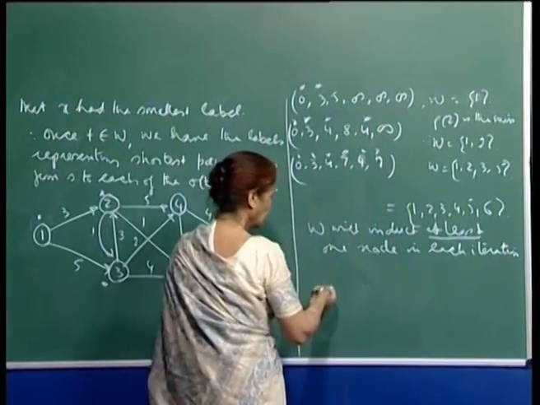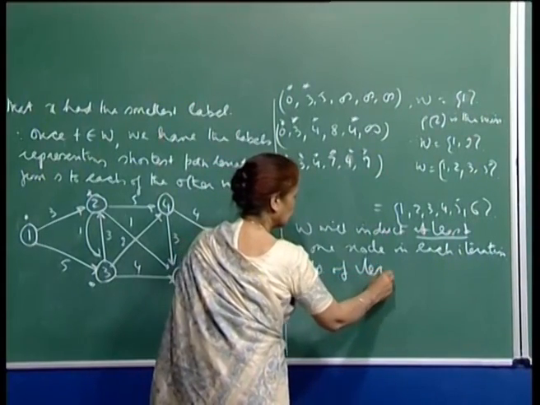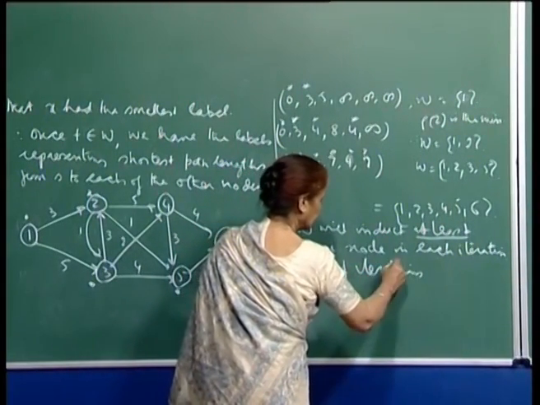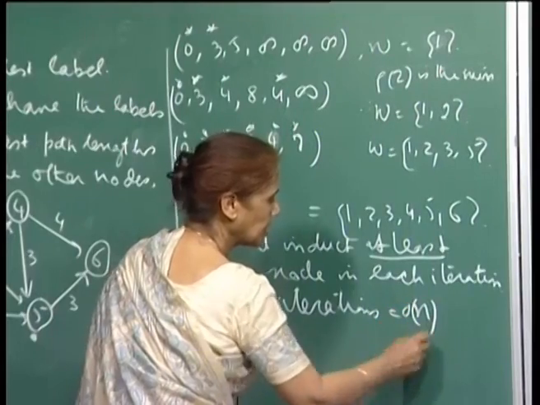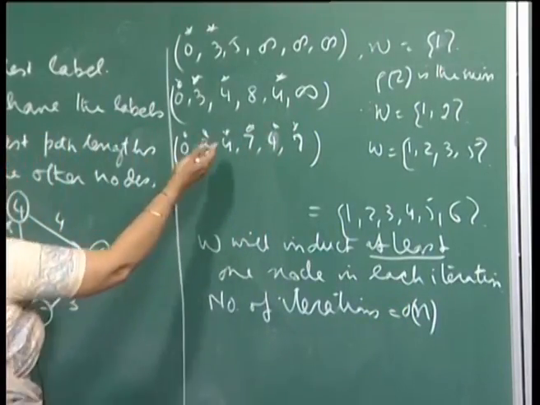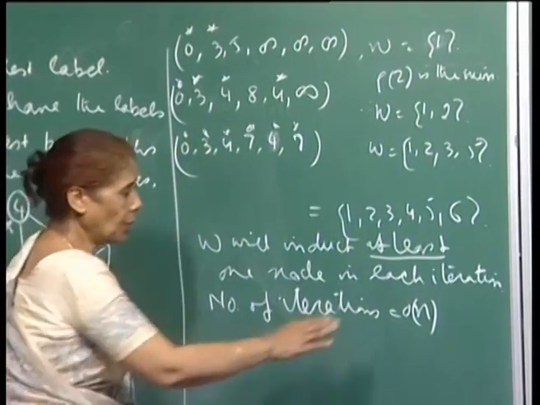And so, therefore, the number of iterations is n at most, order n in fact, because as we saw in this case it was only 3 iterations, because I could label 2 nodes at a time. So, it will be order n, right.